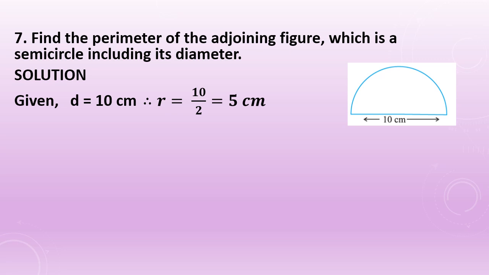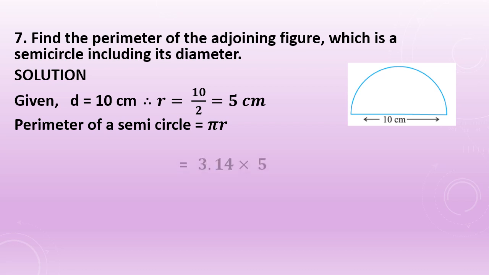So the circumference of a semicircle means 2 pi r divided by 2, which gives pi r. Substituting the value, we get 3.14 multiplied by 5, which gives 15.7 centimeter.